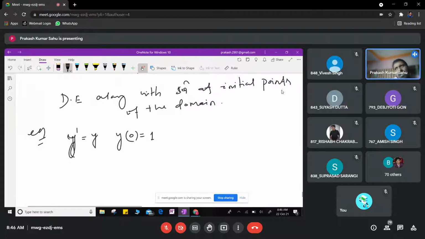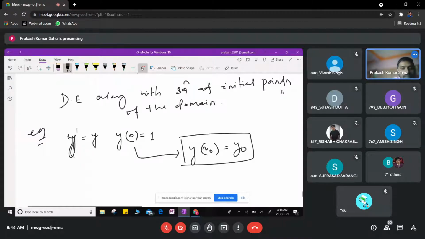And generally what happens? We just put x is equal to 0, y(0) is equal to something. This is the initial condition. So why do you always take 0? That does not mean that. The general form says that this is y at x0, where x0 is the initial point, is equal to y0. This is the general form of the initial condition: y(x0) is equal to y0.